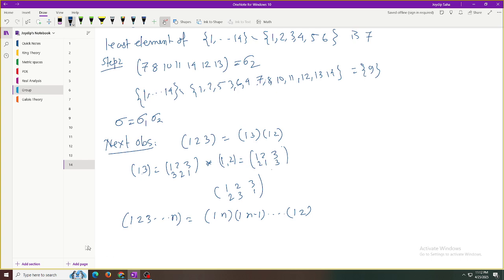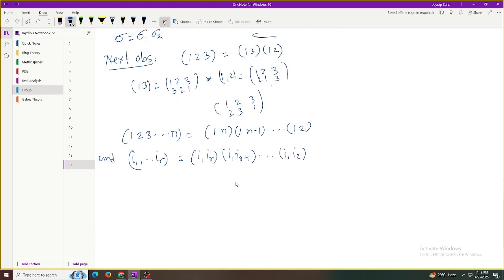So you can write it as (i1 ir)(i1 ir minus 1)...(i1 i2). Product is from here to here. Okay, this direction, in my notation.